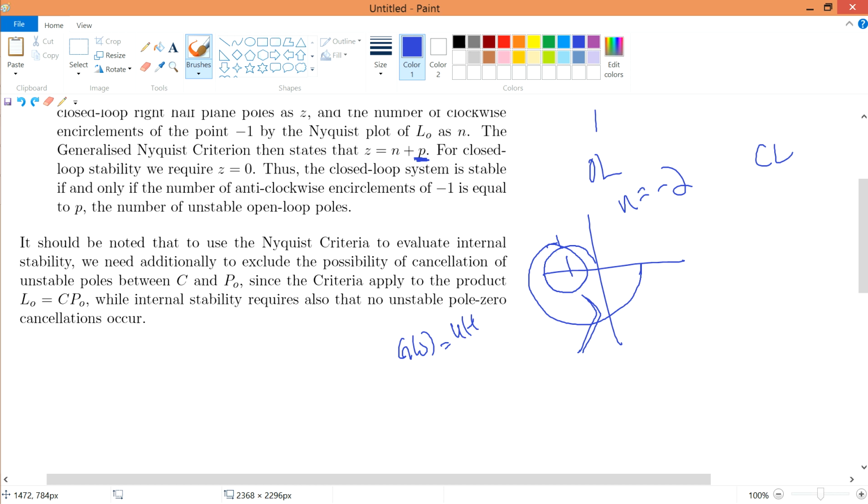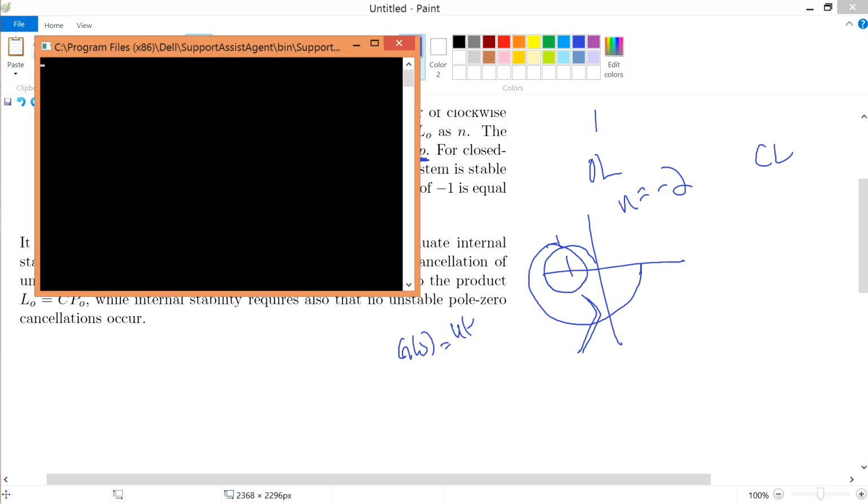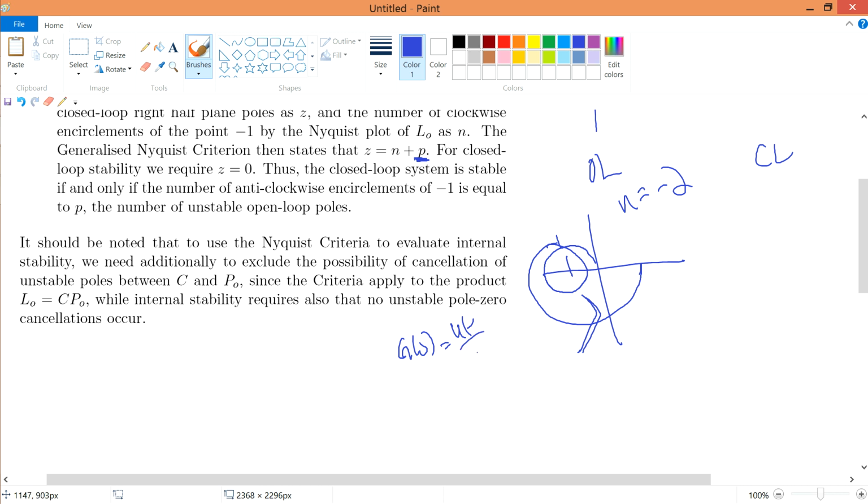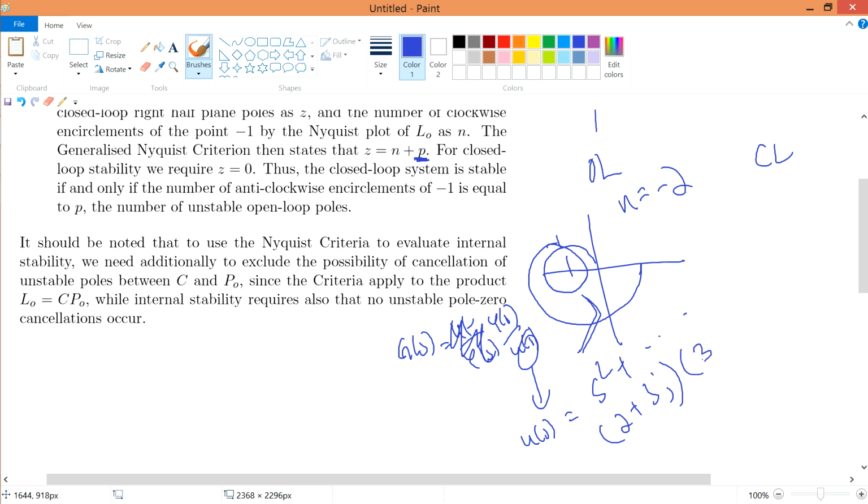For example, the numerator may be something like s squared plus so on, and at the end of the day you may have 2 plus 3j, minus 3, s minus 3, s plus 3, something like that. So you have something like 3 poles. At this portion you need to know there is one real number.